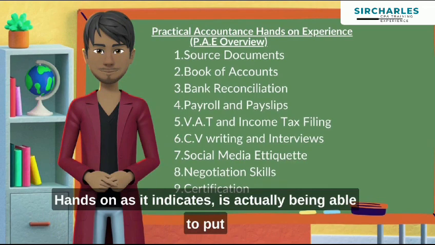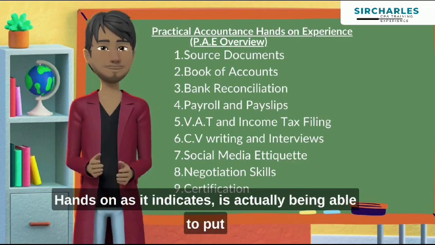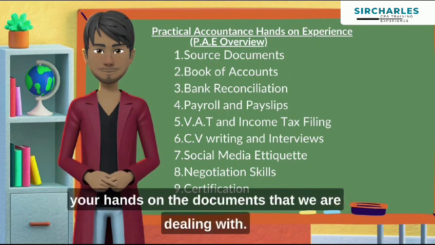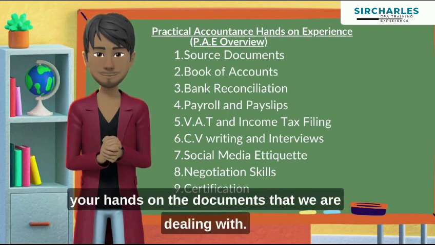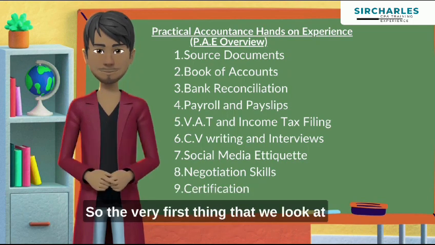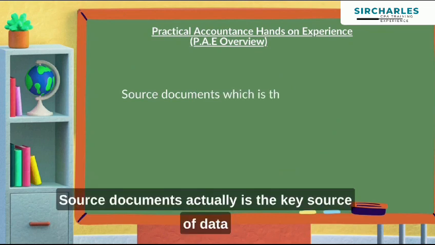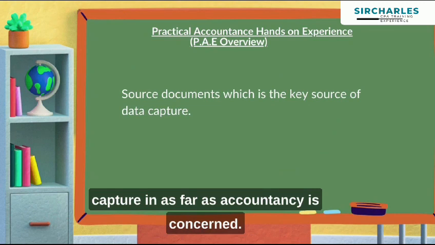Hands-on, as it indicates, is being able to put your hands on the documents that we are dealing with. So the very first thing that we look at in this course is the source documents. Source documents are the key source of data capture as far as accountancy is concerned.